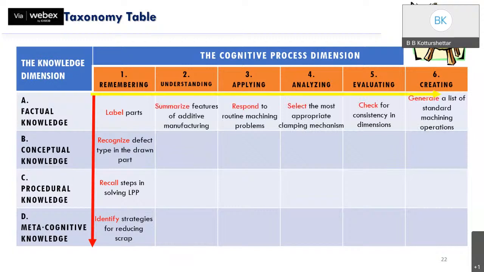Likewise, even in a factual knowledge realm, we can go up to testing the student for creating level. That is, generate a list of standard machining operations when it comes to factual knowledge. So we need to be aware of the knowledge dimension, at the same time the cognitive dimension while framing the question.